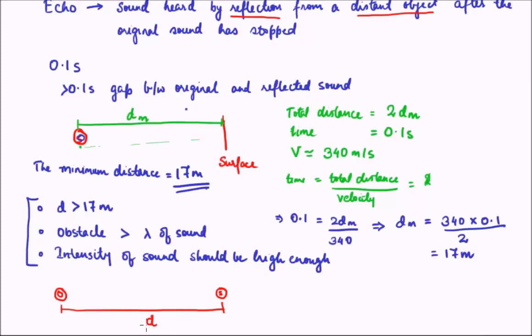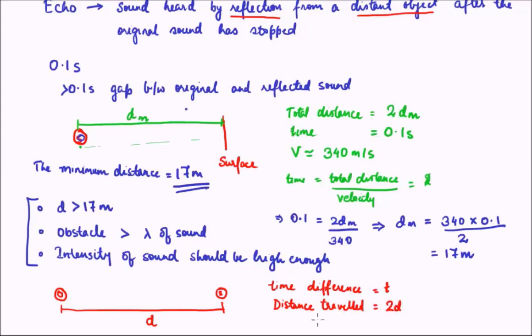Okay, we know the distance. What we can do is time the difference between the original sound and the echoed sound. So we have the time difference, which we note as t. The distance traveled by the echoed sound will be 2d, right?